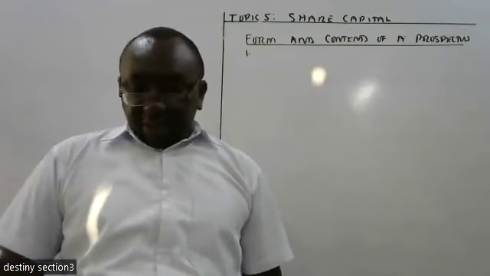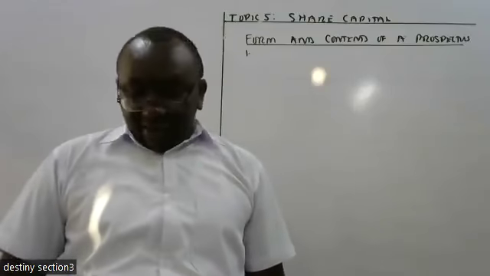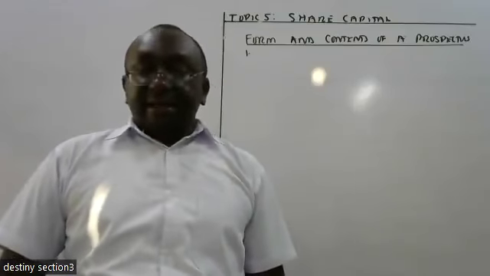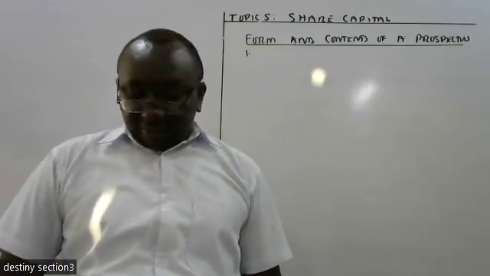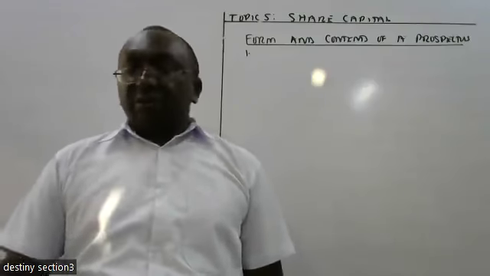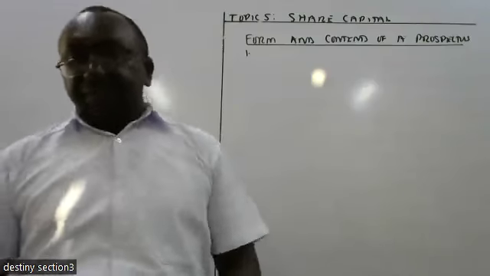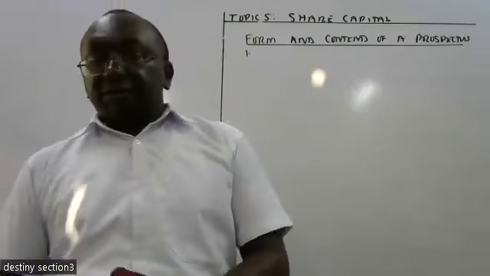Number 3, rights regarding capital and dividends. Number 4, particulars of officers of the company.